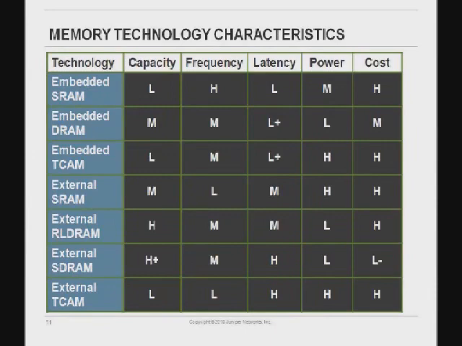The dynamic memories are the ones that you usually find on PCs. Those have high capacity, but they are not as high performance. Also, they have higher latency. But the big advantage of them, especially for the external ones, is the low cost because they are universally available.